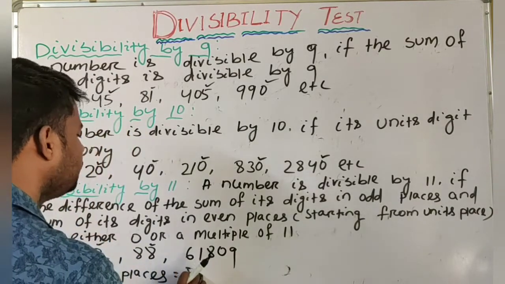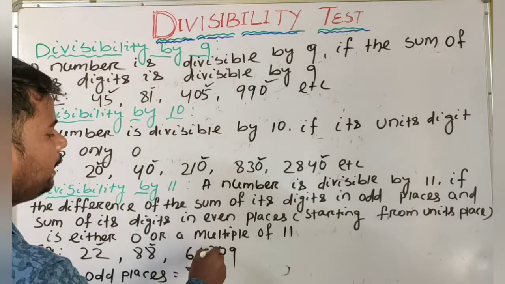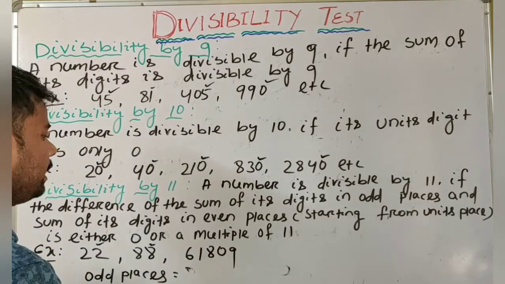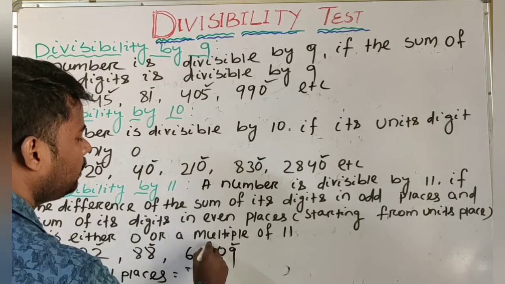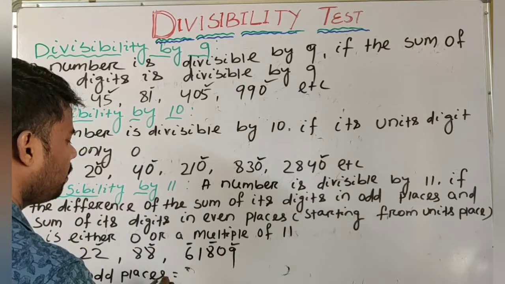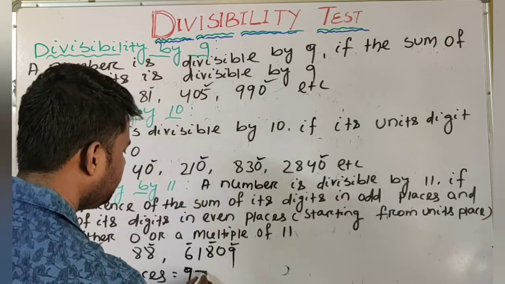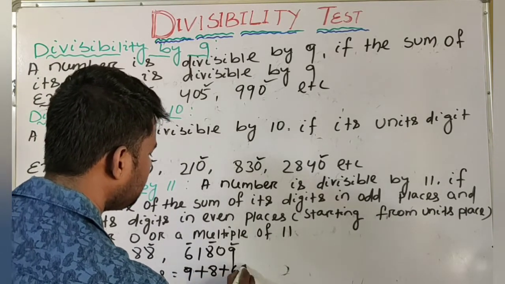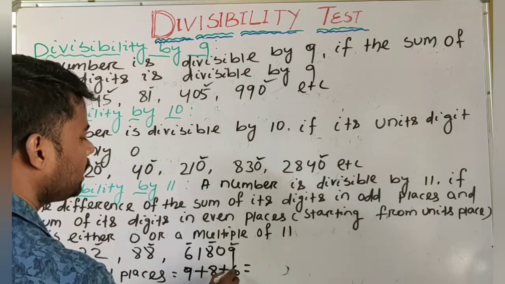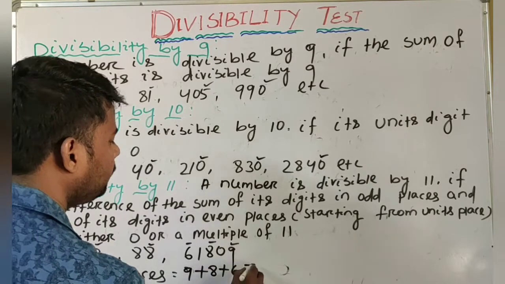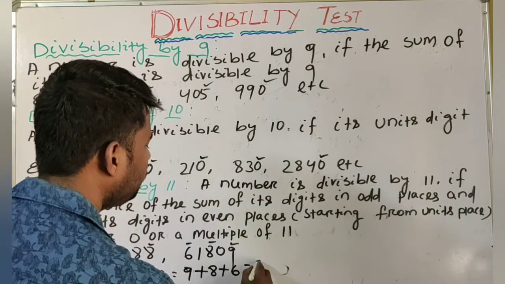Then we'll take 61,809. Its odd places are this one and this one. Right? Sum of odd places: 9 plus 8 plus 6. It will be 8 plus 6 is 14, 14 plus 9 is 23.